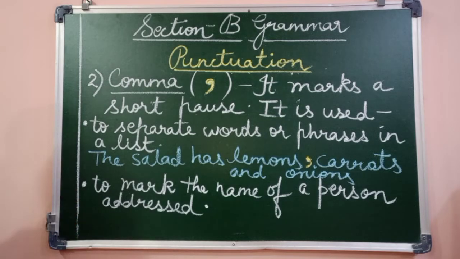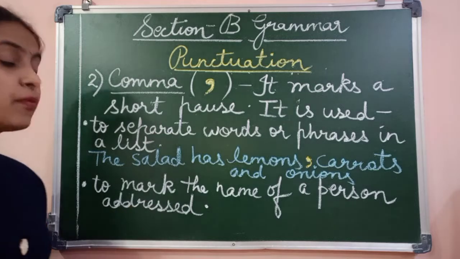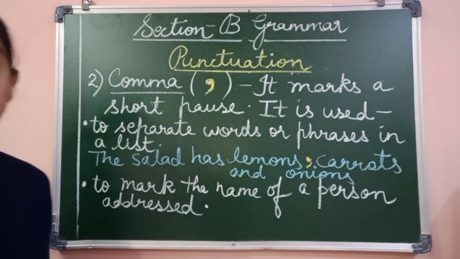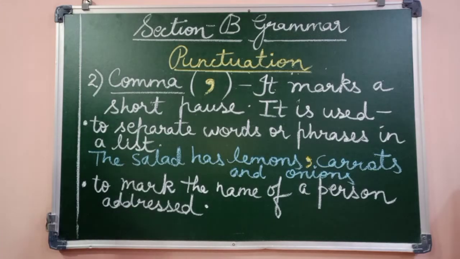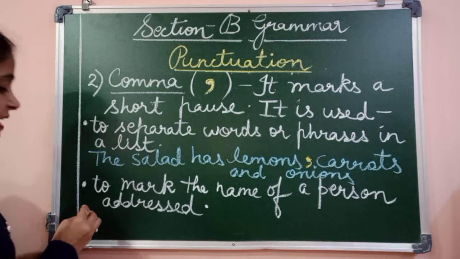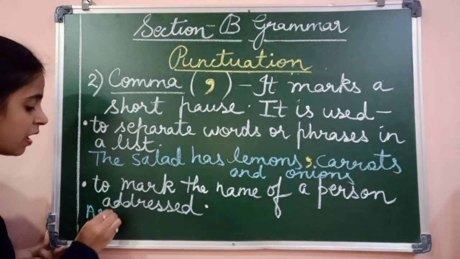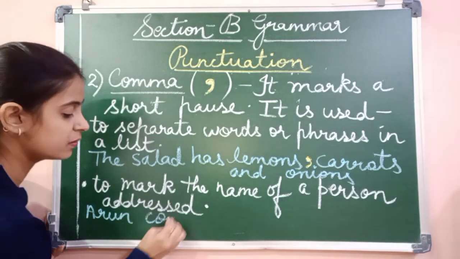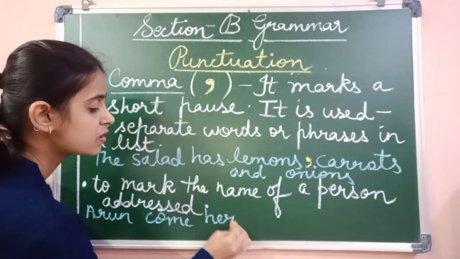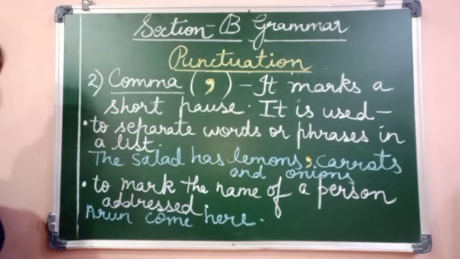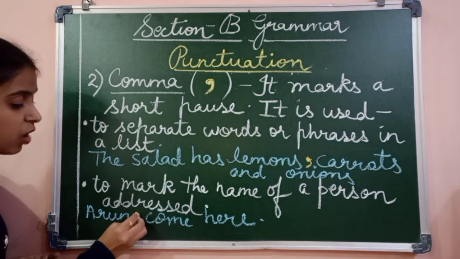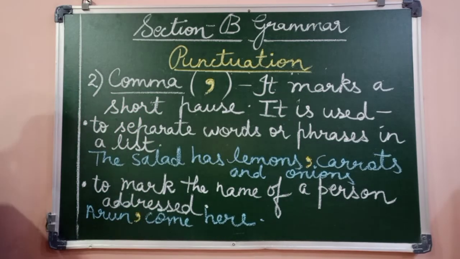Then second point says it is used to mark the name of a person addressed. Now for example, if we are addressing a person by name, for example, I say, Arun, come here. Okay. So after Arun, we will use a comma to address somebody with his or her name.